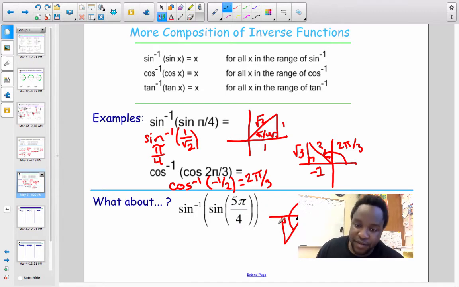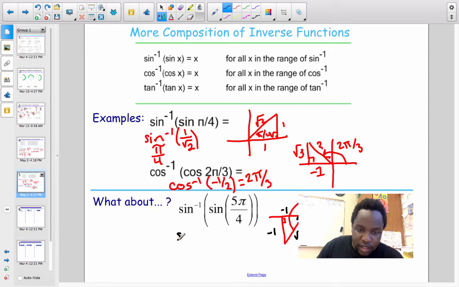So it's like a 45, 45, 90 triangle: 1, 1, root 2. And this is negative 1, negative 1. So the ratio of sides is negative 1 over root 2.